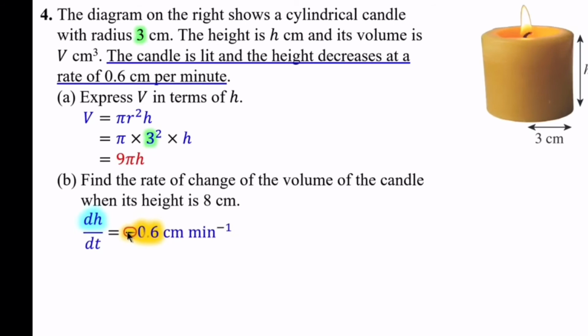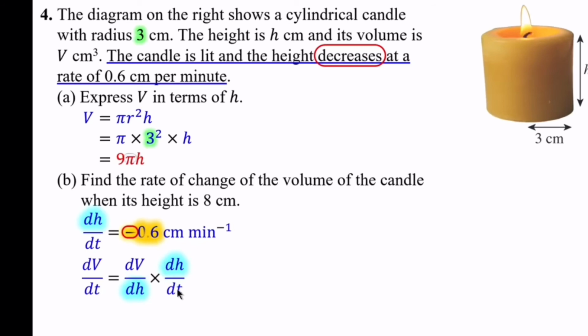We are going to find the rate of change of volume of the candle, which is dV/dt. So dV/dt is equal to dV/dh times dh/dt.